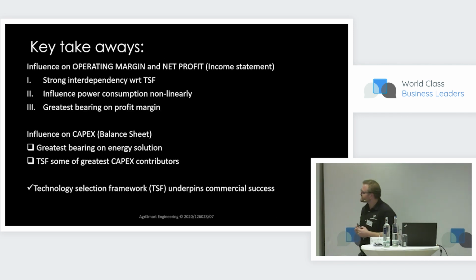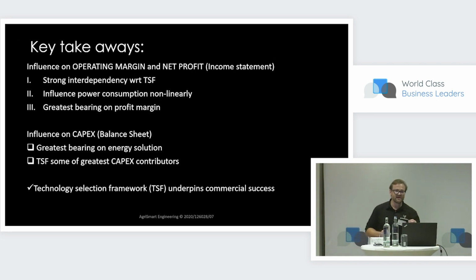So what are the key takeaways here? The influence on the operating margin and net profit, the income statement. We see a very strong interdependency with regards to your technology selection framework. We see that the influence on your power consumption is non-linear.